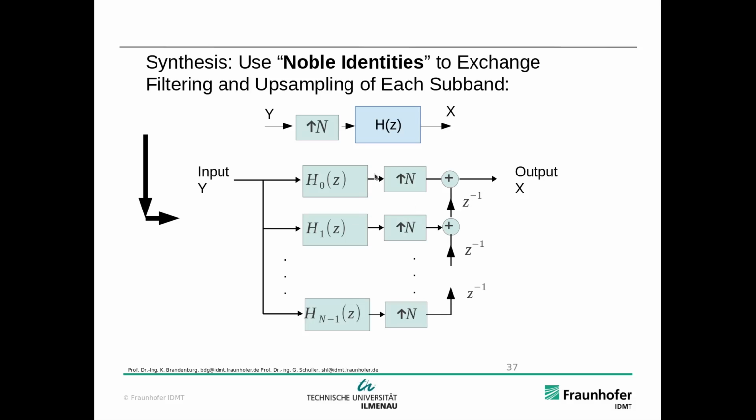So this can be seen as a parallel to serial converter. So it takes blocks of size capital N, and then turns it into a sequence of N consecutive samples. So here we have the lower sampling rate, and then here the signal comes out serially at the higher sampling rate. Right.